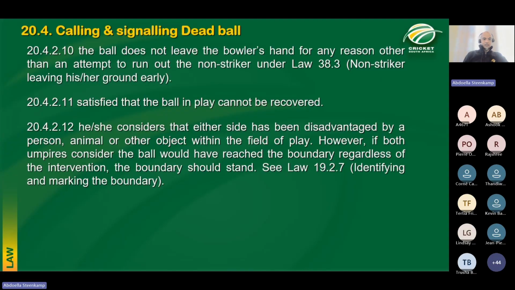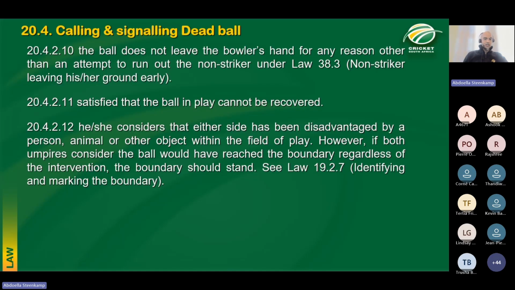You need to call and signal dead ball if you, the umpires, consider that either side might be disadvantaged by a person, animal, or any other object coming within the field of play.